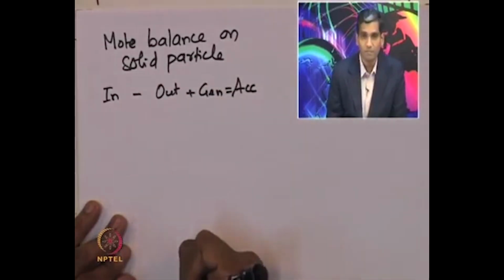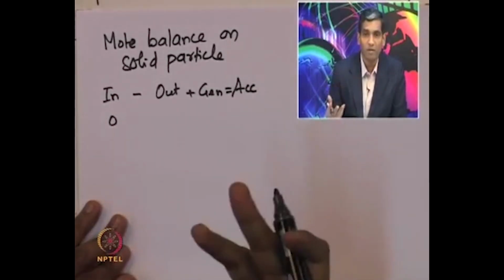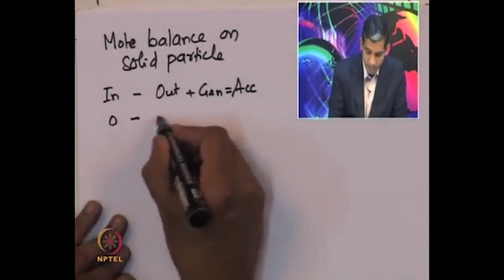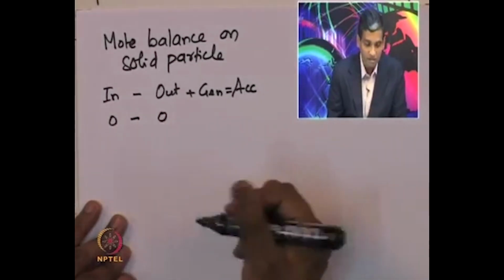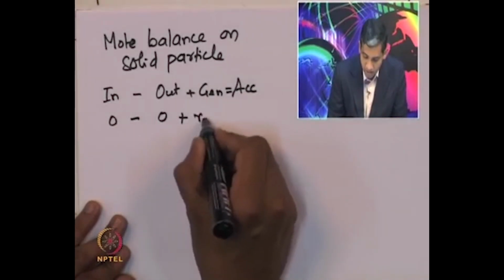Now, nothing is coming inside because it is the solid which is participating, so there is no flow. Nothing is coming in and nothing is leaving, but some of it is being reacted, and that is accounted for in the generation term.